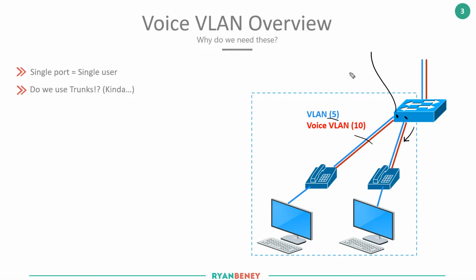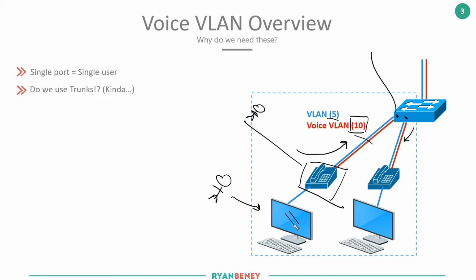Normally you would tell the phone: any traffic that a user using the phone sends to me, tag the traffic with VLAN 10, and any traffic you receive from the PC as it comes in, send it untagged in the native of 5.